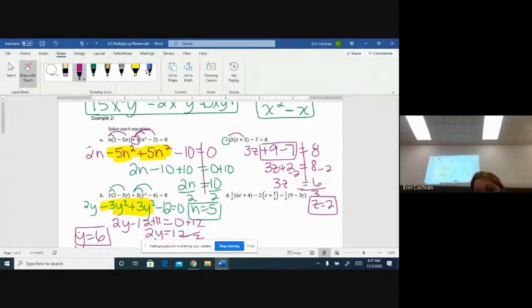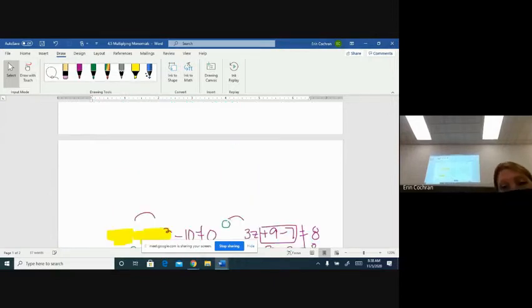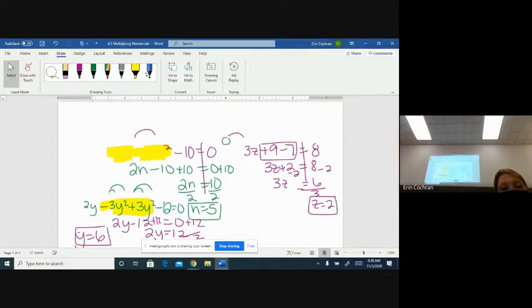Yeah? Okay. A lot of people say they don't like D because of fractions, which I understand a little bit, okay? But when we're distributing fractions, remember, we multiply by the numerator, and what do you do with the denominator?